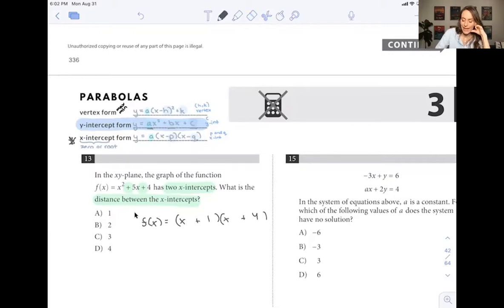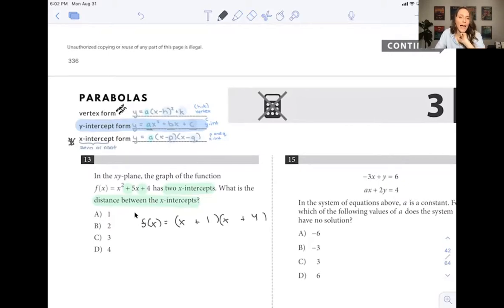So then my x-intercepts means that y has to equal 0. So 0 equals (x plus 1) times (x plus 4). I get 2 equations, x plus 1 equals 0 and x plus 4 equals 0. So x equals -1 and x equals -4.